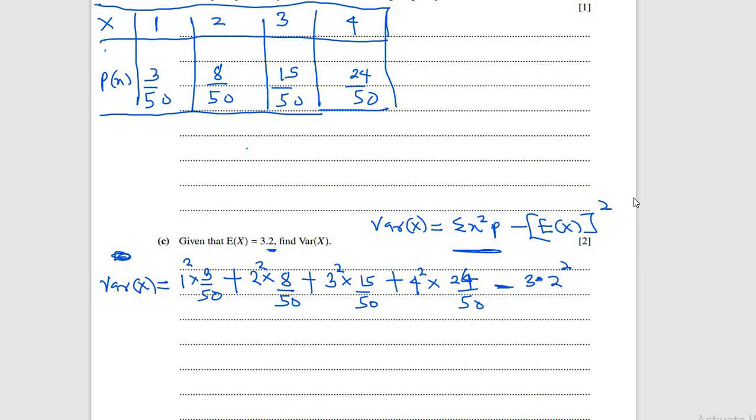So here will give us 1 squared times 3, 3 over 50. 2 squared times 8, 32 over 50. 3 squared times 15, 135 over 50. 4 squared times 24, 384 over 50.